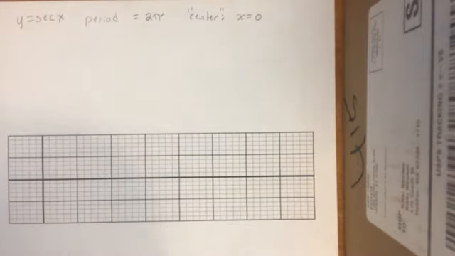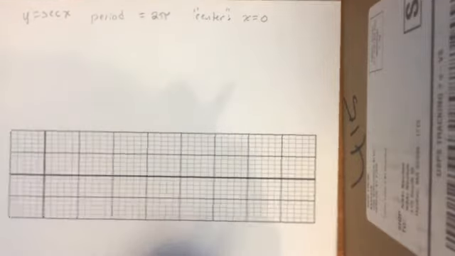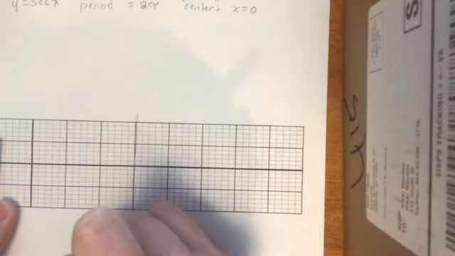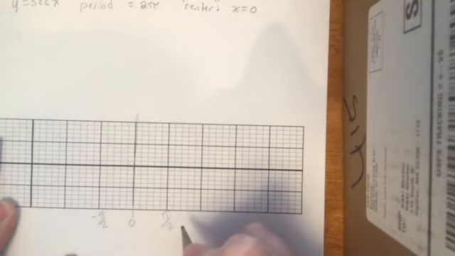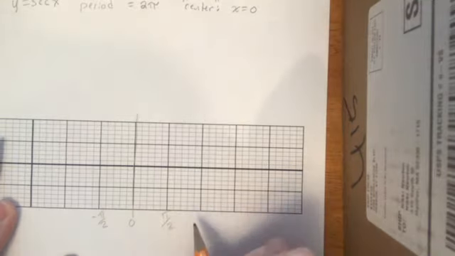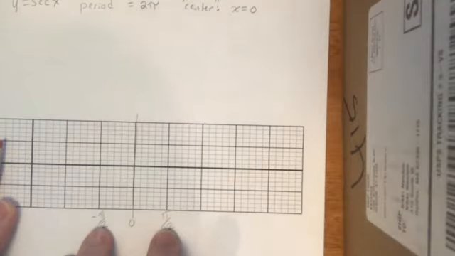Secant has asymptotes at negative pi over 2, with my 0 here, and positive pi over 2. And then they keep repeating, and I didn't cover an entire period here. That's only half of a period.